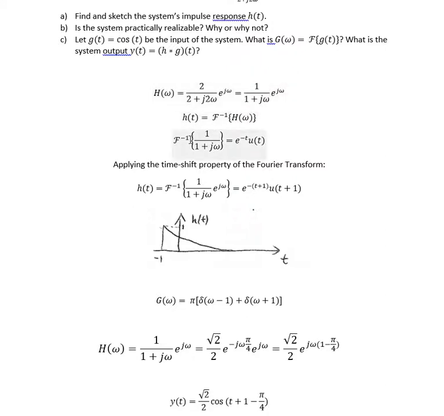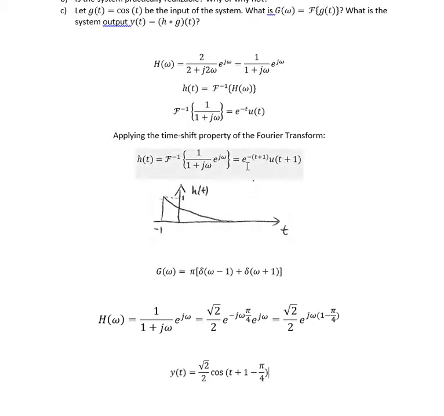So h(t) can be written as my function e^(-t) u(t) shifted in the time domain by 1 to the left. So h(t) is equal to e^(-(t+1)) u(t+1). And here's a sketch of my function h(t), my impulse response.